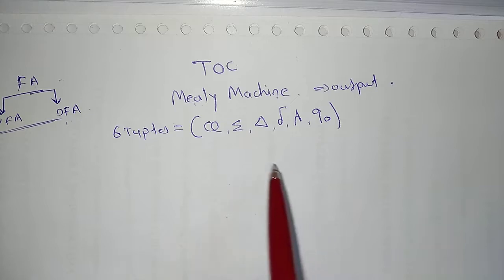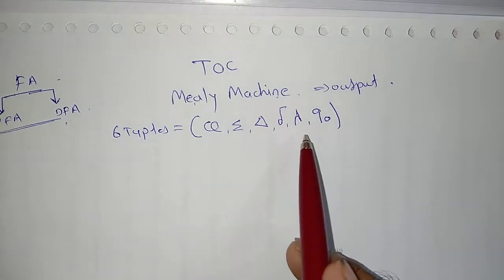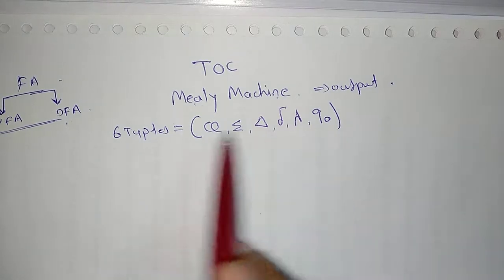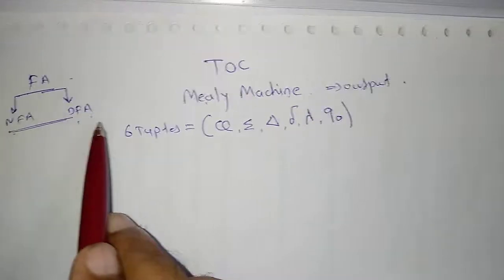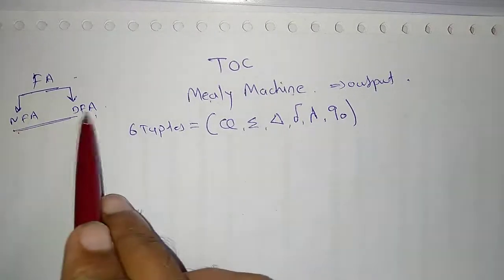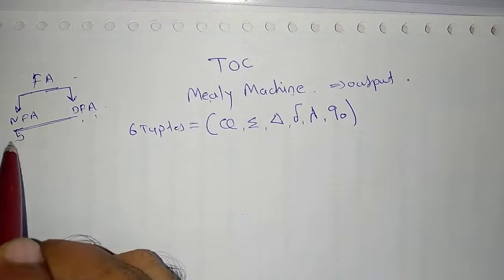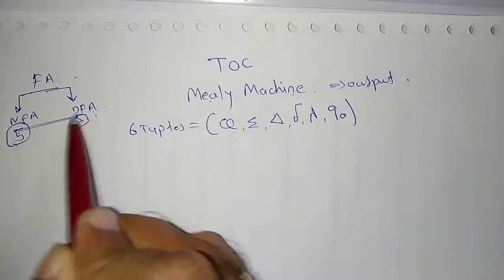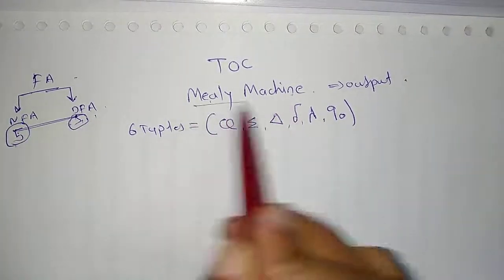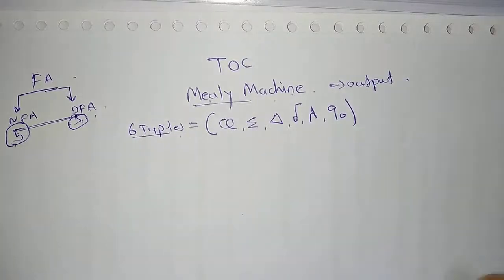As we know, we have seen the tuples in NFA, DFA. NFA and DFA both have 5 tuples, but in Mealy machine we will have 6 tuples.